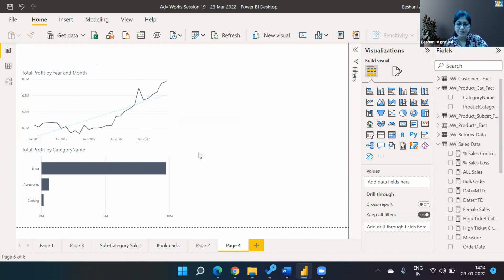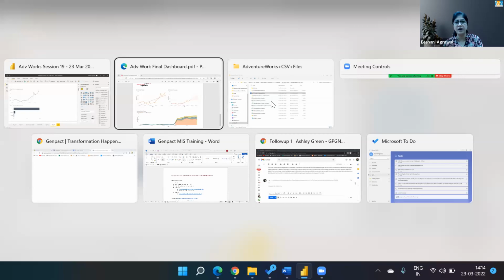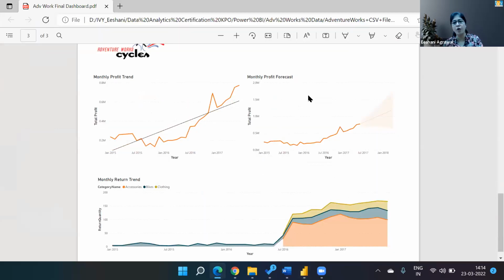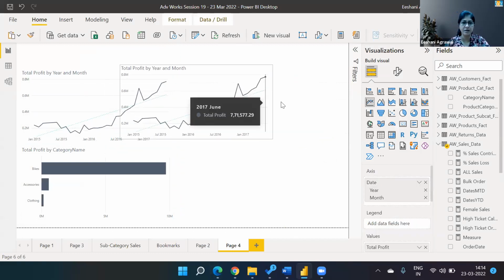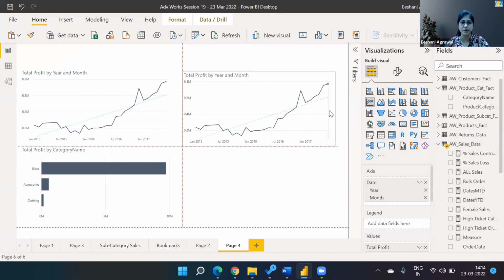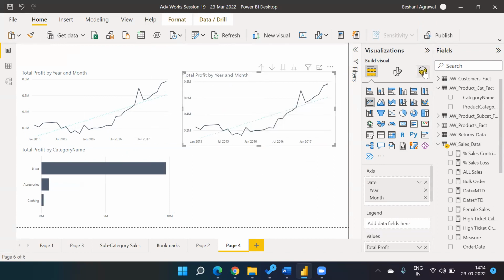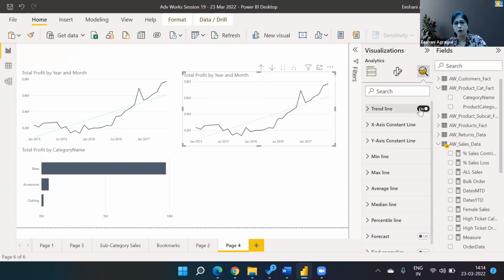Okay. Similarly, you will see that we have also done profit forecasting. So how we are doing profit forecasting, I'm going to select this as it is, shifting it over here. And I'm going to go to the analytics, turn off the trend. And over here at the bottom, you have X, Y, min, max, average, median, and you have something called forecast.